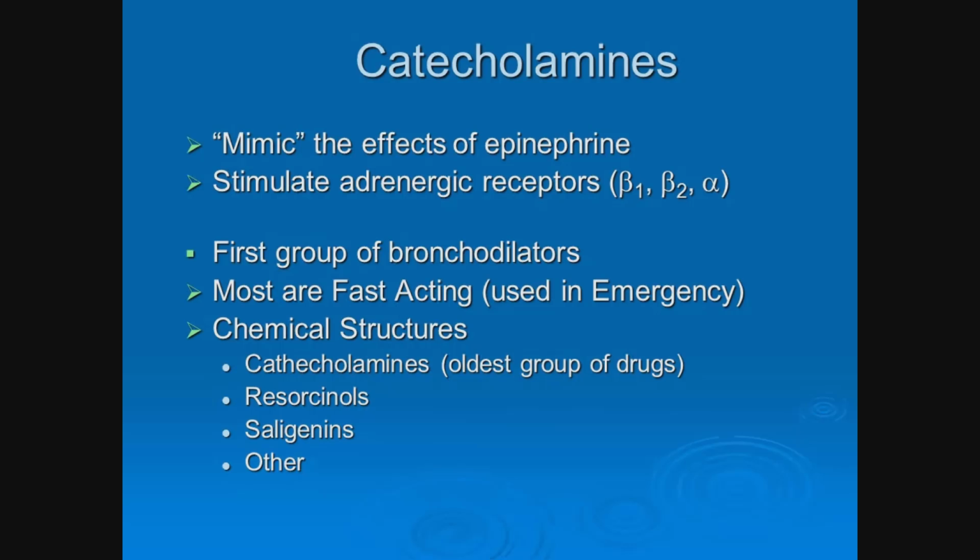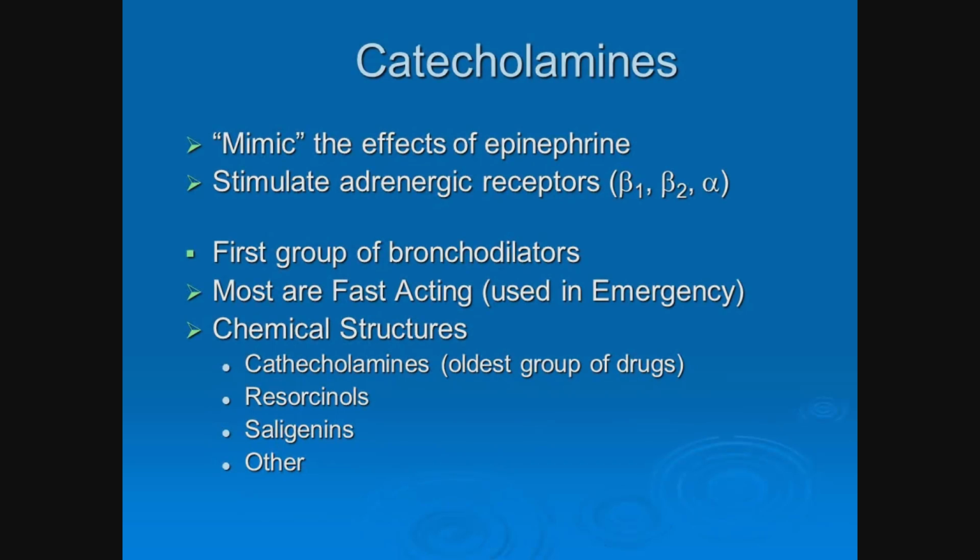So catecholamines, because they have similar structure to epinephrine, they mimic the effects of it, and as you remember, epinephrine stimulates not only beta 1 and beta 2, but also alpha. So it not only stimulates heart rate, heart force of contraction, bronchodilation, but it also stimulates alpha, meaning vasculature.